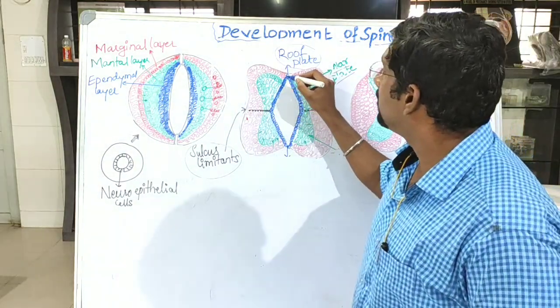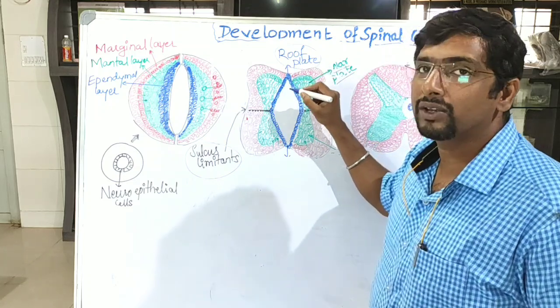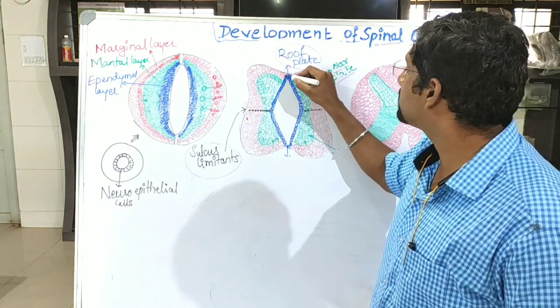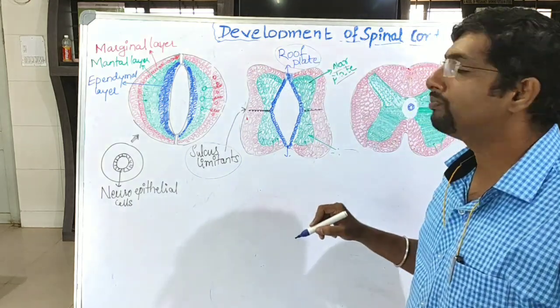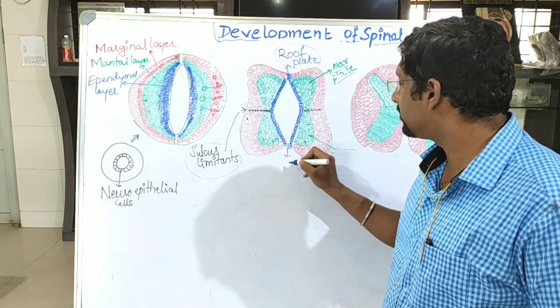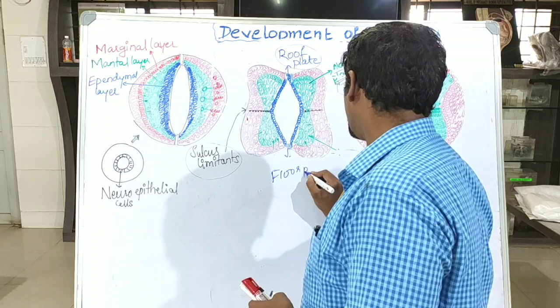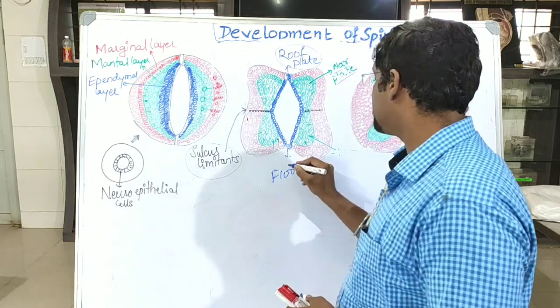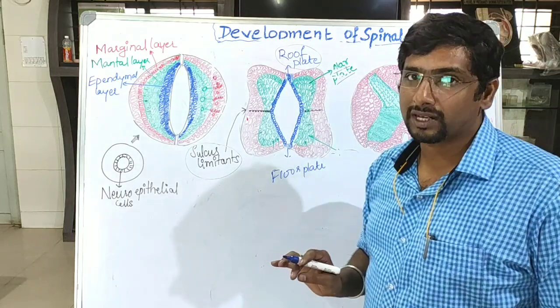Here the ependymal cell layer doesn't have neurons, and this part of the area is called the roof plate, and below this one is called the floor plate. Okay, so here there are no neurons.